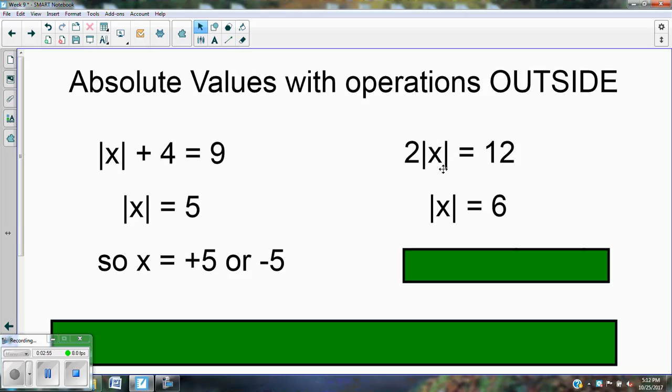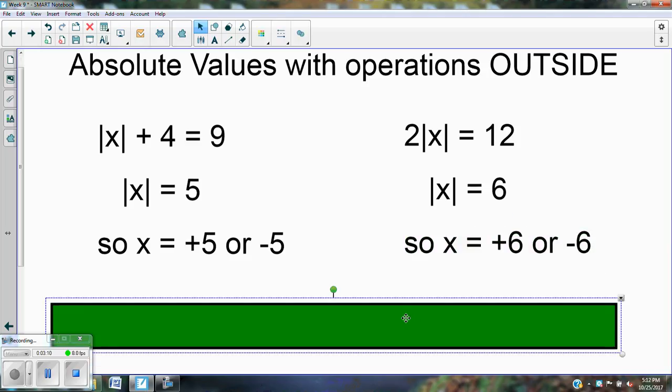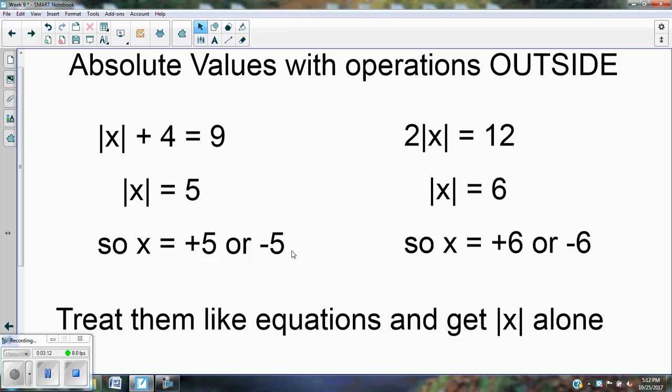Something in here, when we take the absolute value of it, times 2 will equal 12. So get this whole piece alone, dividing by 2 on both sides, absolute value of x equals 6. So again, it's either positive 6 or negative 6. So we always treat them like equations.